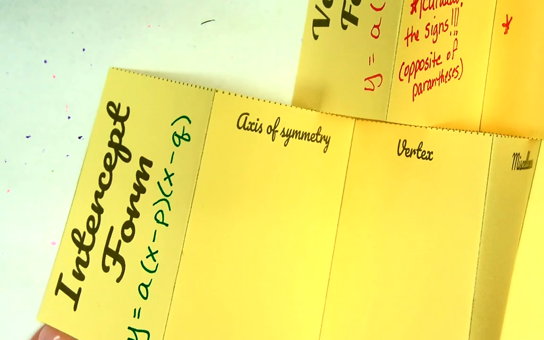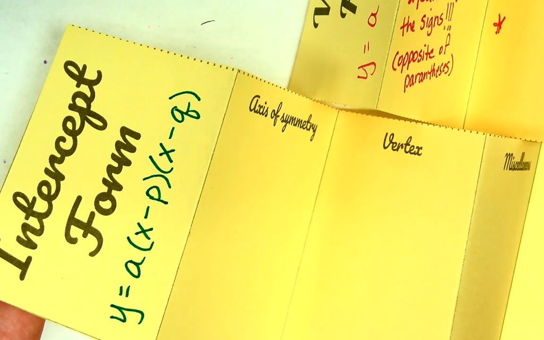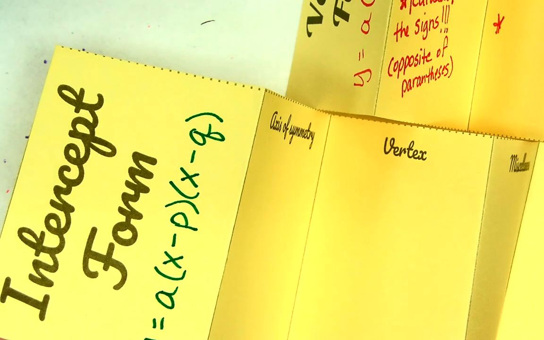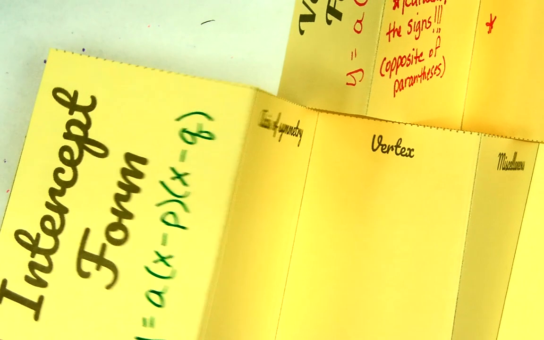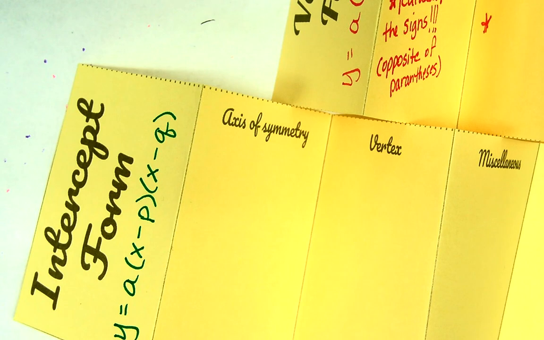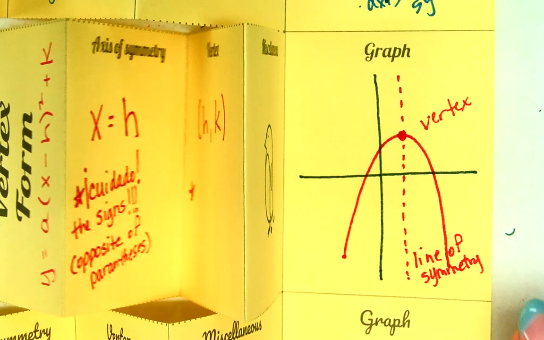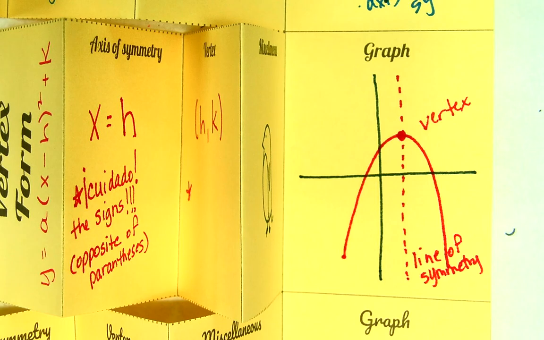Why is it called the intercept form? Close. It is intercepts, but it is the x-intercepts. Okay? So picture a parabola in your head real quick. Close your eyes if you need to, but picture a parabola in your head real quick. Or look at the ones we've already drawn. Okay? Where is the vertex in relationship to the x-intercepts?